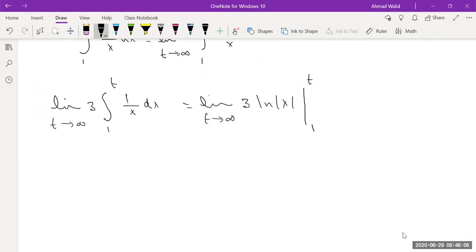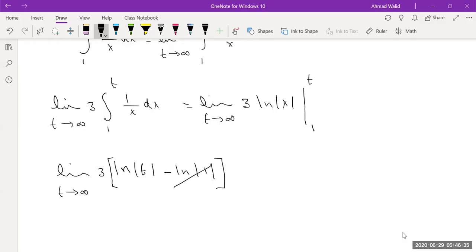Then your next step will be limit as t approaching to infinity, 3 times, let me use bracket here, ln of, plug in the upper limit, absolute value of t minus ln absolute value of 1.